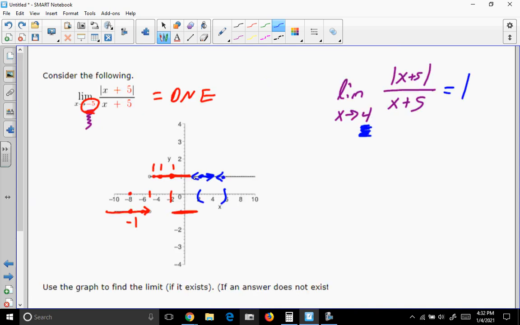But here, if we pick points on one side, we're going towards this point. On this side, we're going towards this point. So as x gets close to -5, what are we going to? Well, we don't really know for sure. That limit does not exist.